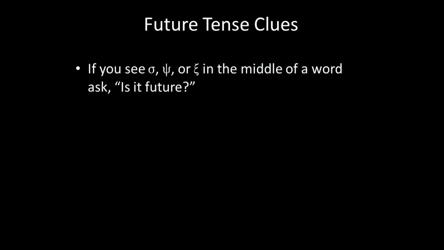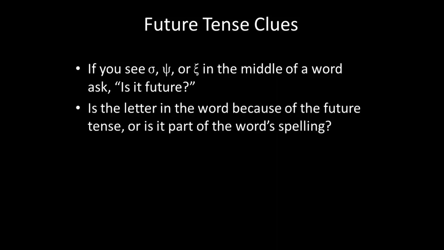As a Greek detective, which is what you are sometimes, if you see a sigma in the middle of a word, or a psi or a xi in the middle of a word, you should ask the question, is it future? Is this a future tense form? Is that letter in the word because it's a signal of the future tense, or is it part of the word's spelling?